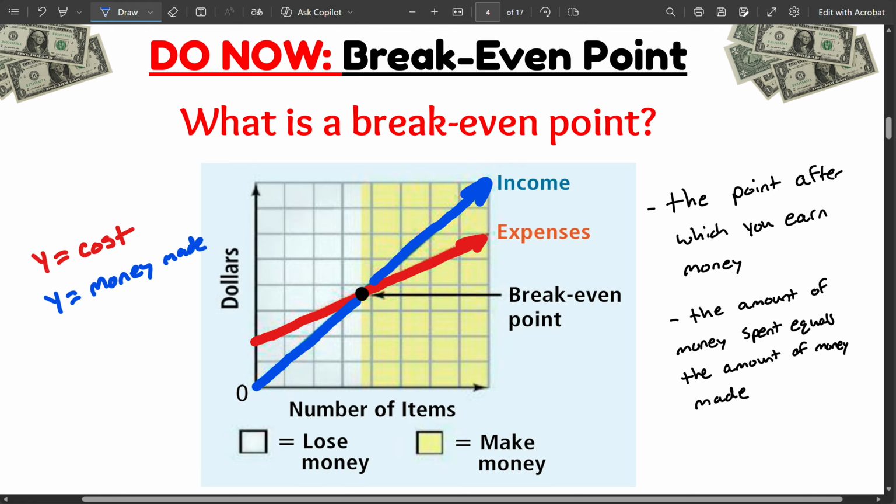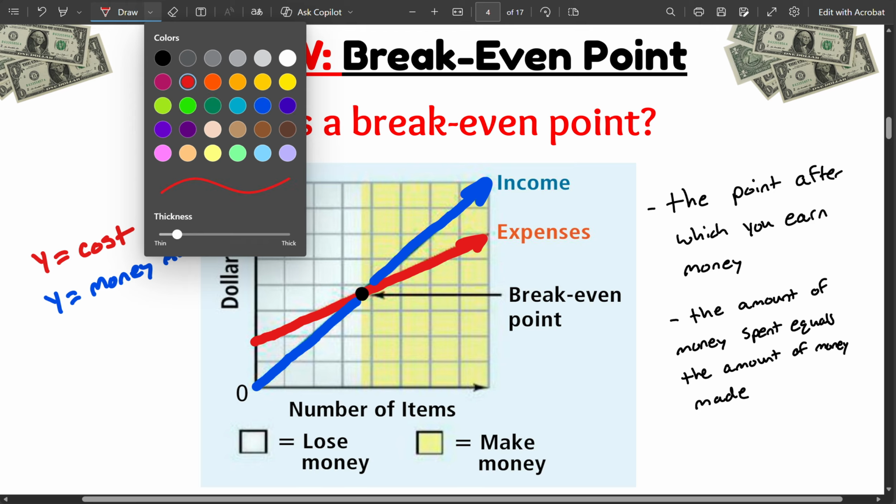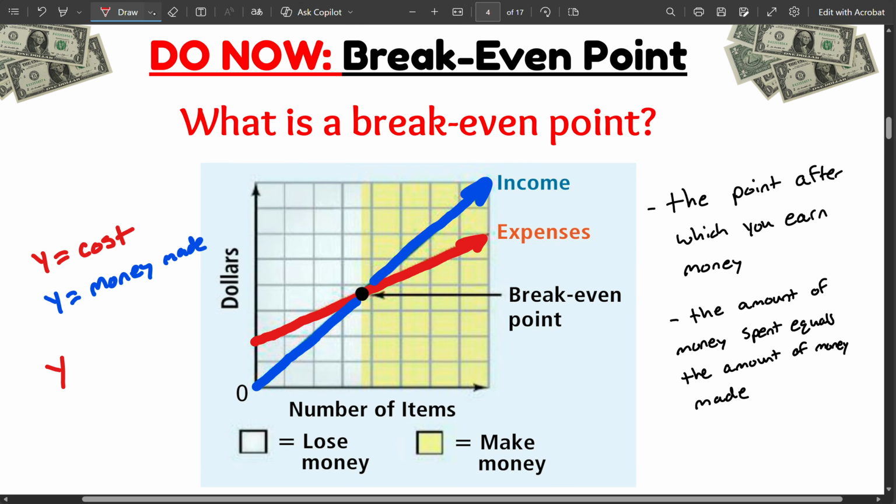And we're going to set these two equations equal to each other to figure out how many items we have to sell for our business to break even. So we'll set the red y equal to the blue y. Last thing to note: the break-even point, once you reach it, the graph shows us in yellow. Once you go to the right of it, as you sell more items, you are going to make way more money than you spent.